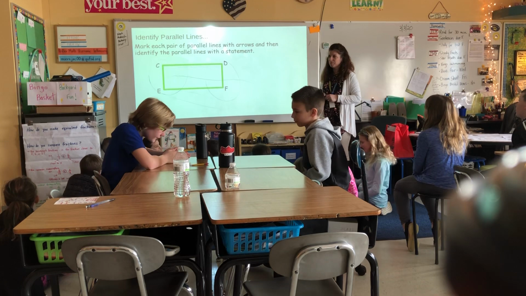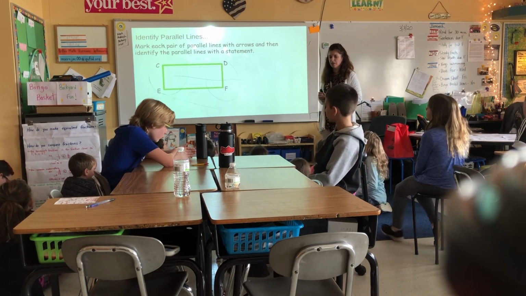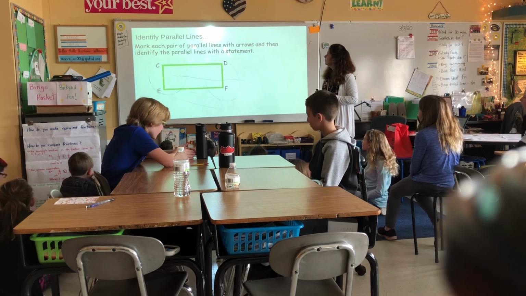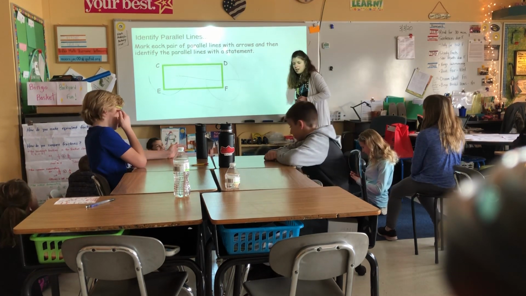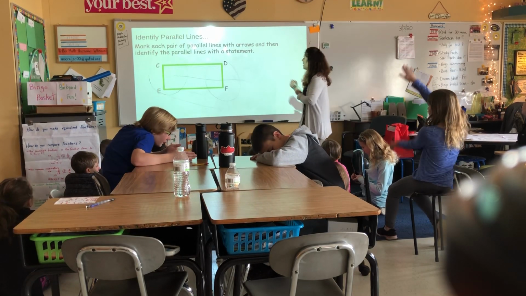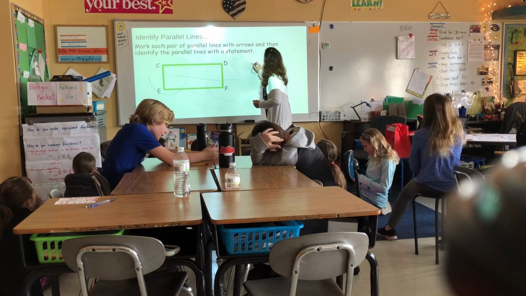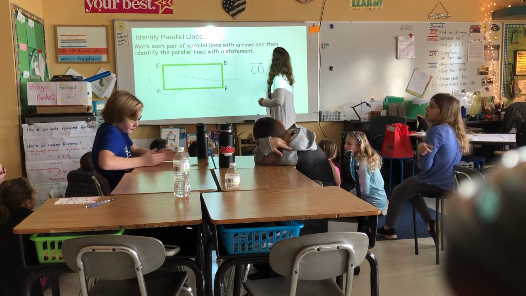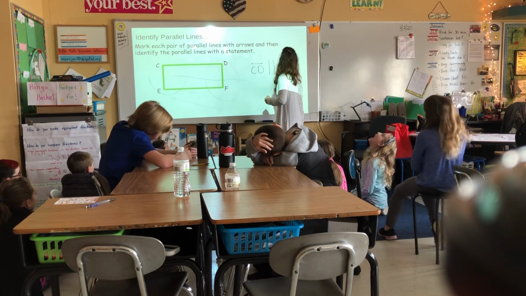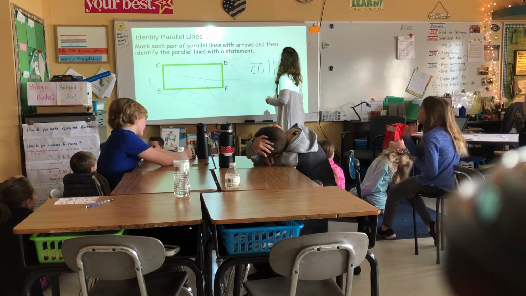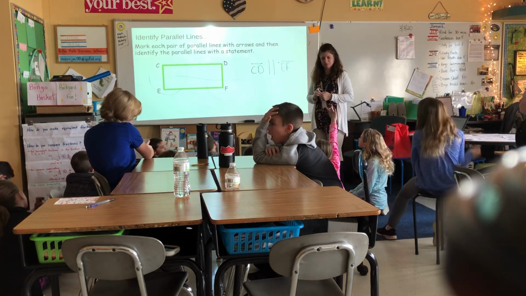So in this example, does everyone see the two sets of parallel lines? Yeah. So I'll help with the first one. We can say that CD, that's a line segment, right, is parallel to line segment EF. What's another example?